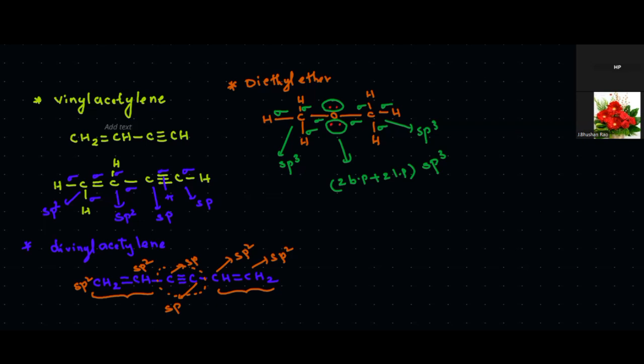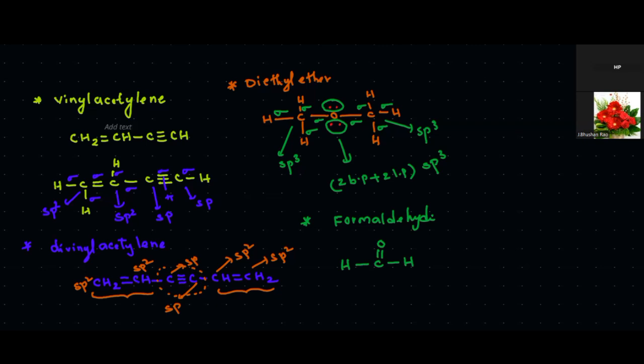One more example: sometimes they will ask about formaldehyde. What is the hybridization of the carbon present in formaldehyde? The general form is H, C double bond O, H. This is the formaldehyde structure. Generally identify the number of bond pairs and lone pairs. It is a central carbon.